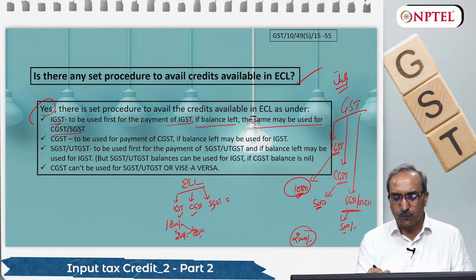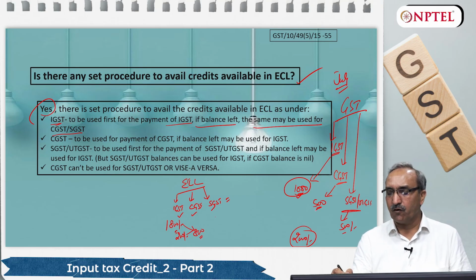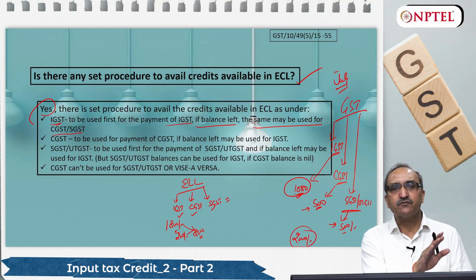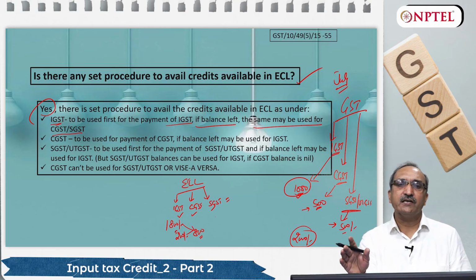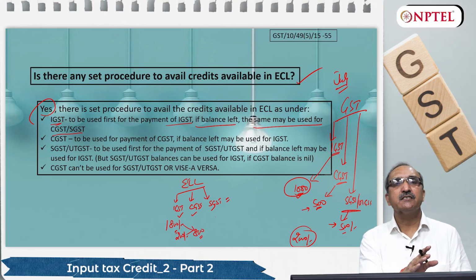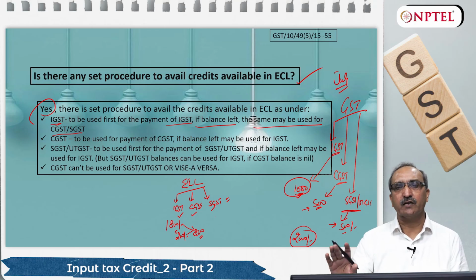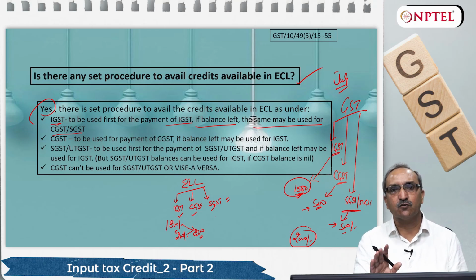So this 800 rupees which is in excess can be used for the payment of these liabilities. IGST can be used for payment of IGST, for the payment of CGST, for the payment of SGST. But first use the IGST balance against the IGST tax liability only. And if there is no IGST tax liability, then straightaway you can use it for CGST or SGST. There is no issue.